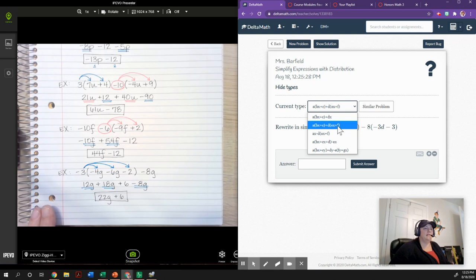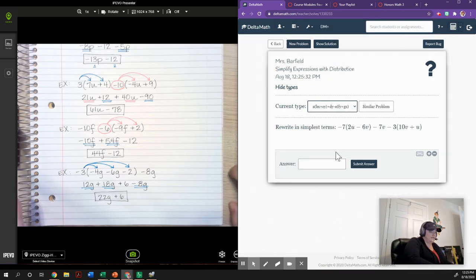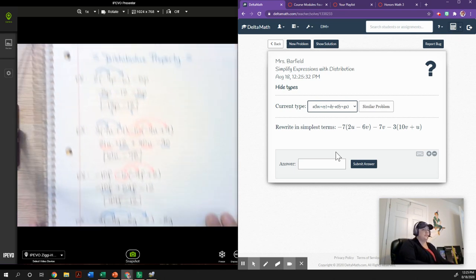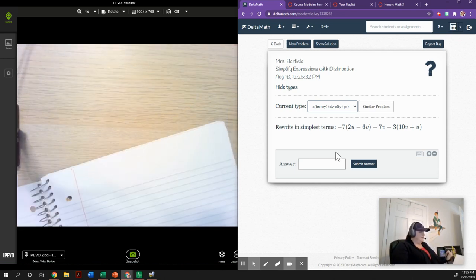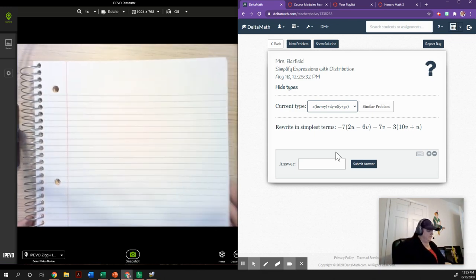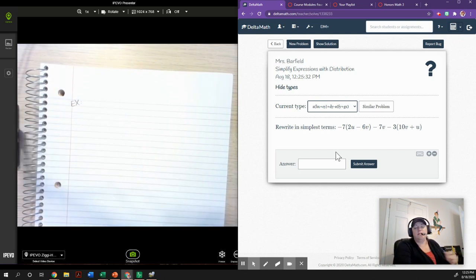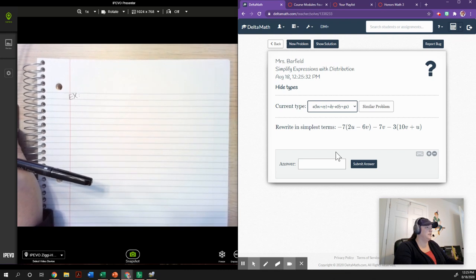And this should be the last one, and it is. All right. Now, I'll be honest. If you can do this problem, hey, you can do anything that has distributive property in it, because you definitely understand all the different things that are happening in the problem. Okay, let me straighten that up.